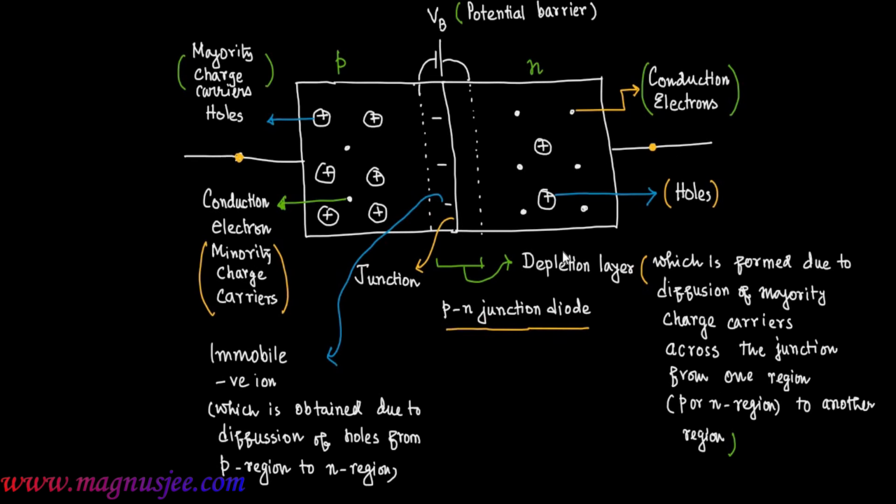Obviously, when holes diffuse from the p side to the n side. Similarly, in the n side we should have immobile positive ions. This is the immobile negative ion, and this is the positive ion.